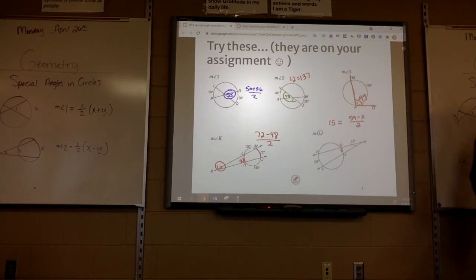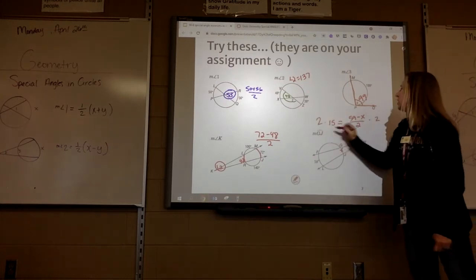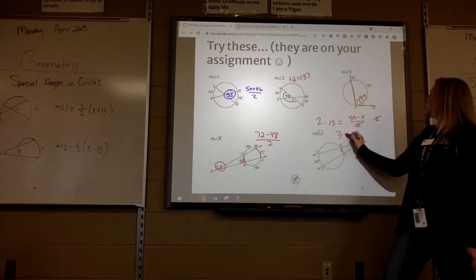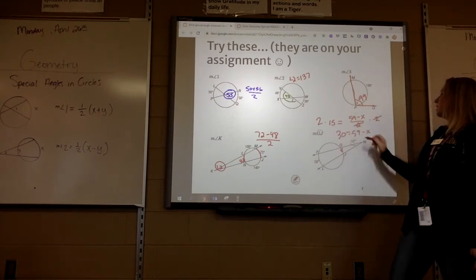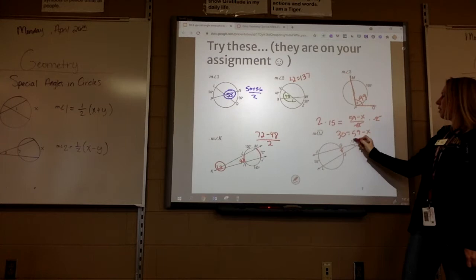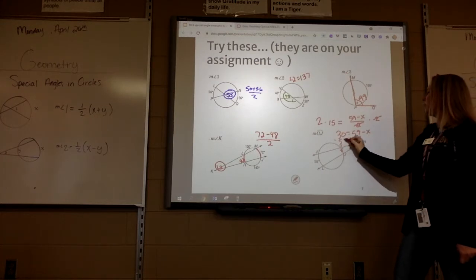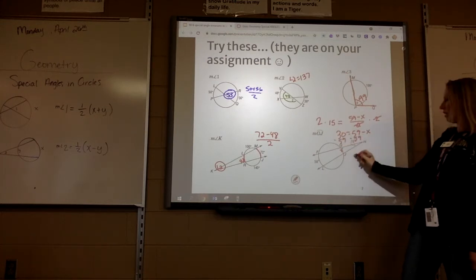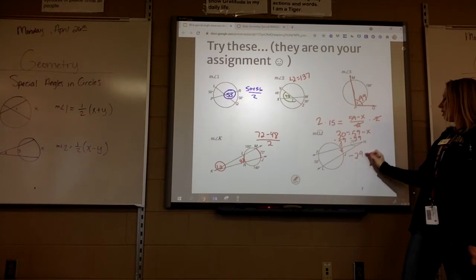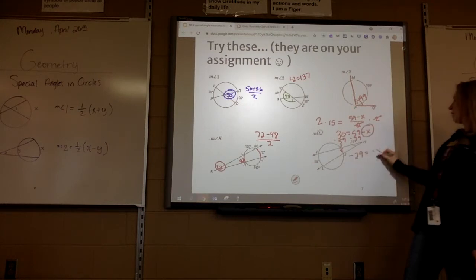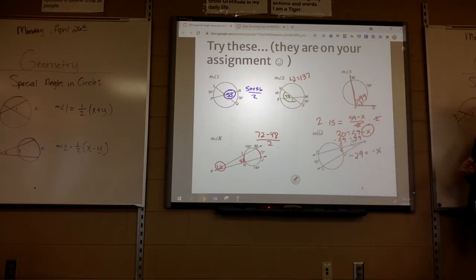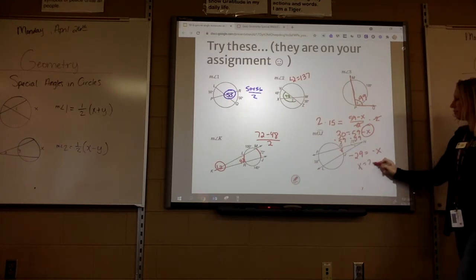What would I do to solve that? Multiply by 2, good. So 30 equals 59 minus x, minus 59. What's 30 minus 59? Negative 29. So negative 29 equals negative x. What would positive x be? 29.